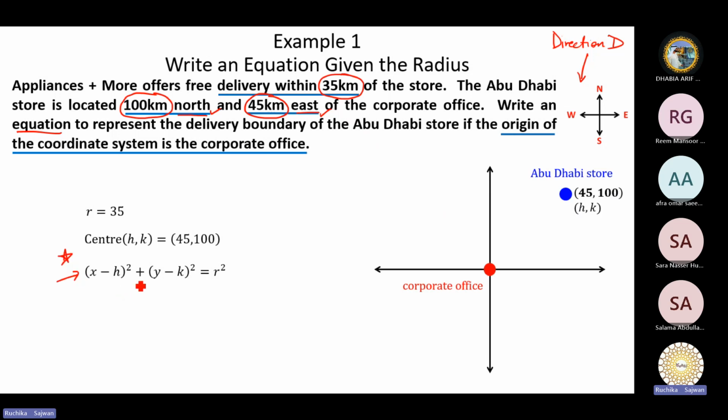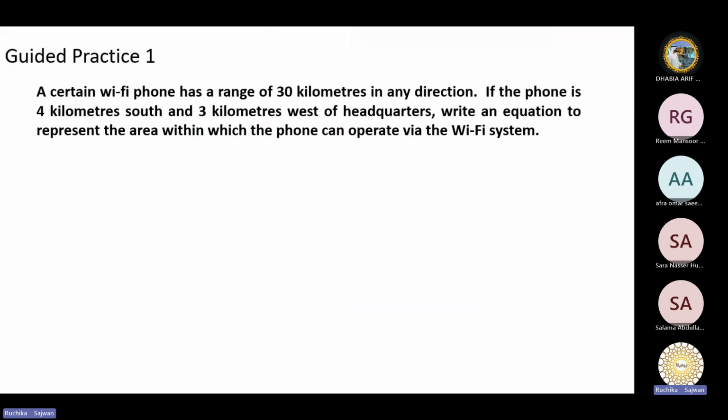I will use (x minus h) whole square plus (y minus k) whole square equal to r square. Let's put the value. H is how much? 45. K is how much? 100. And we also know the value of r. So when you put it in the equation, this is the final answer, which is the equation that represents the delivery boundary of the Abu Dhabi store, or the equation of the circle in standard form.